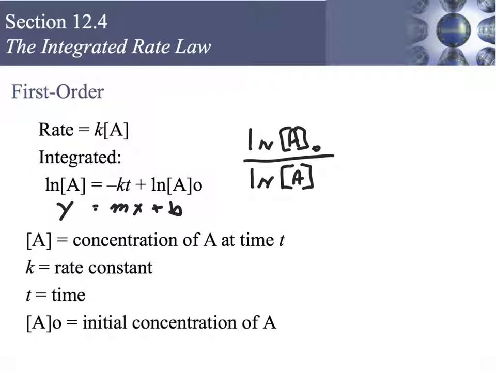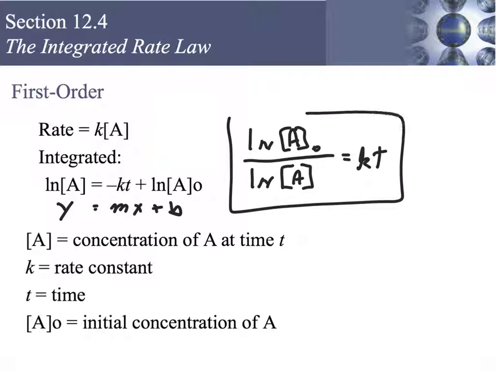I'm not going to put t down there, but it's at time t. And because I moved things around, I've lost the negative sign, so this is just going to be kt. So this is the more typical form that we use when we solve this equation.